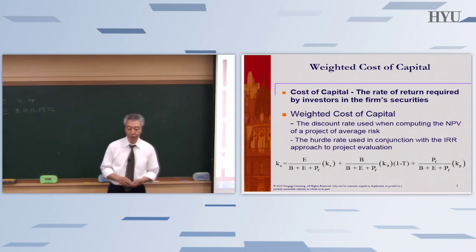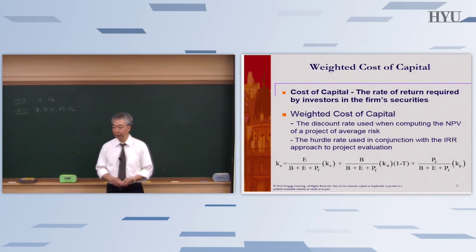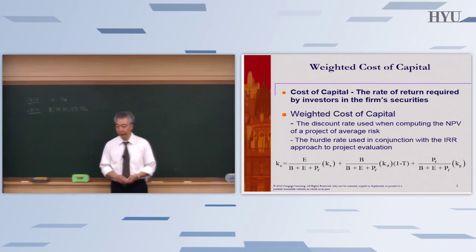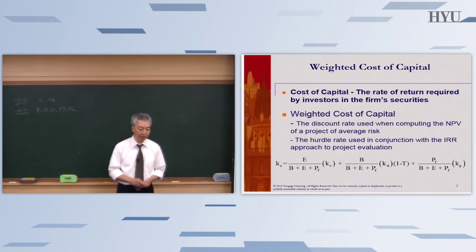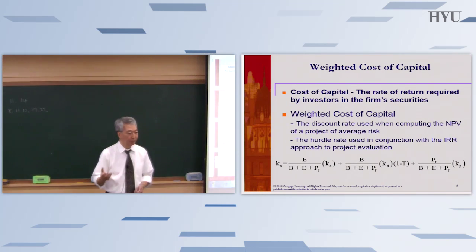The question is, what rate do you use as a discount rate? The simple answer was the market interest rate, in the typical situation, because we're talking about the opportunity cost of the money. When you are using money, you are giving up the opportunity to earn interest in the market, right?